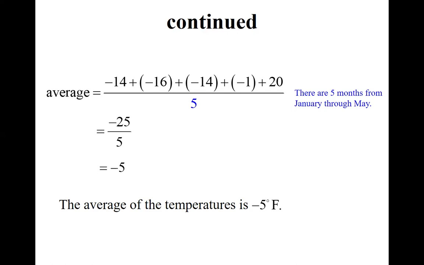Plus -1 would be -45. Plus 20 brings us up to negative 25. And then negative 25 divided by 5 is negative 5. So the average of the temperatures from January through May is negative 5 degrees Fahrenheit. And that's it for this topic.